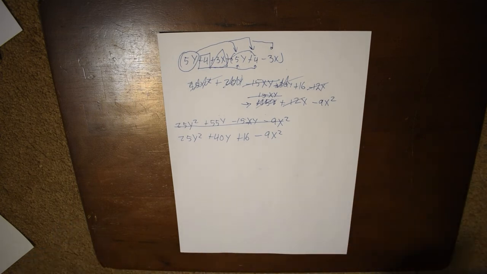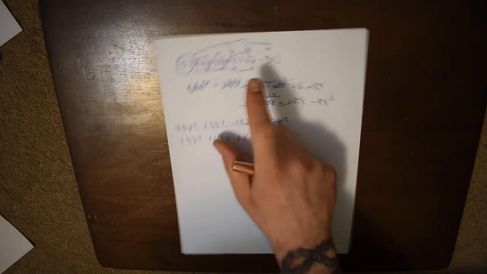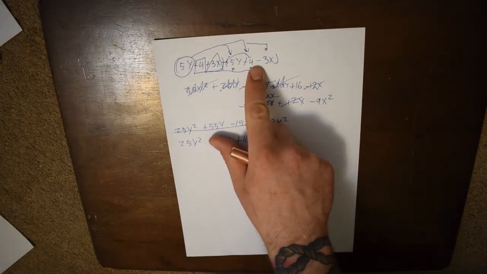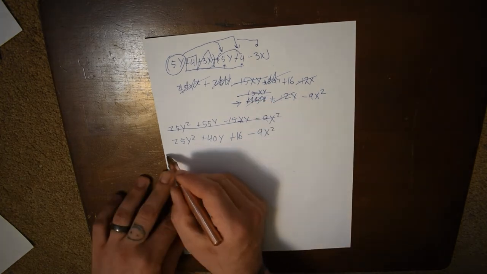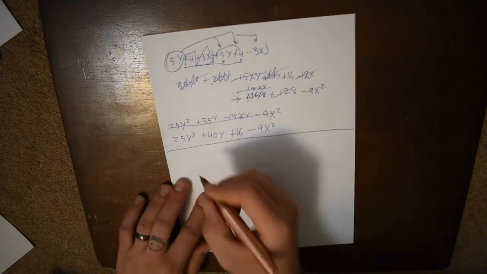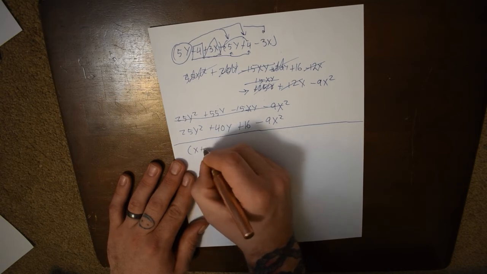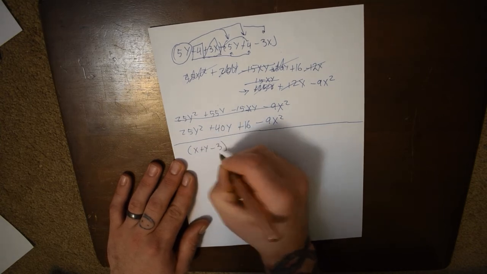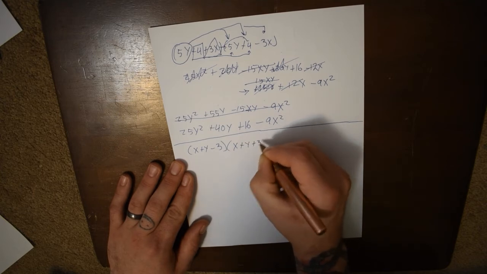So let's do one more example of these bigger ones since I did mess up, and I want to give you something that's smooth all the way through. So let's say we had an x plus y minus 3 times an x plus y plus 3.